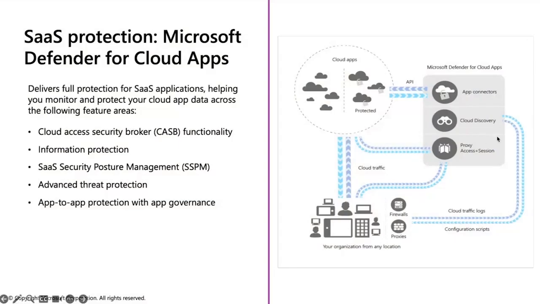Also, we can use conditional access, where Defender for Cloud Apps can work as a kind of proxy to provide conditional access to the applications. These are the different things we see here in Microsoft Defender for Cloud Apps. So we can consider this as well when we are looking for SaaS protection.